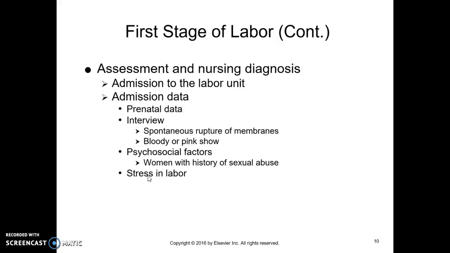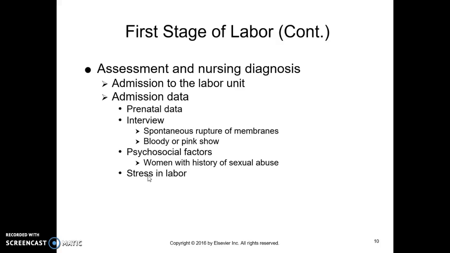The next thing you want to do is the interview. During the interview, you're going to determine the primary reason that the patient is seeking care. So they'll either say they think they're in labor, their water is broken, they're having vaginal bleeding, or decreased fetal movement.